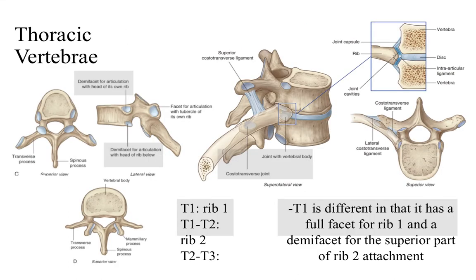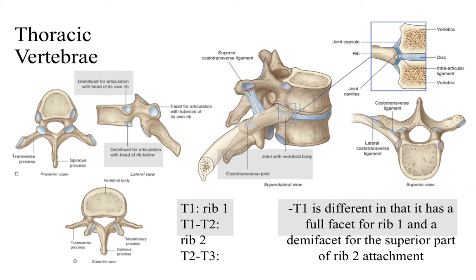The thoracic vertebrae are pretty standard. In fact, the thoracic vertebrae are typically what we use for demonstration purposes when we're trying to look at the general overview of the parts of a vertebrae. So specific to the thoracic, though, is that they are going to have spots for articulations with the ribs.